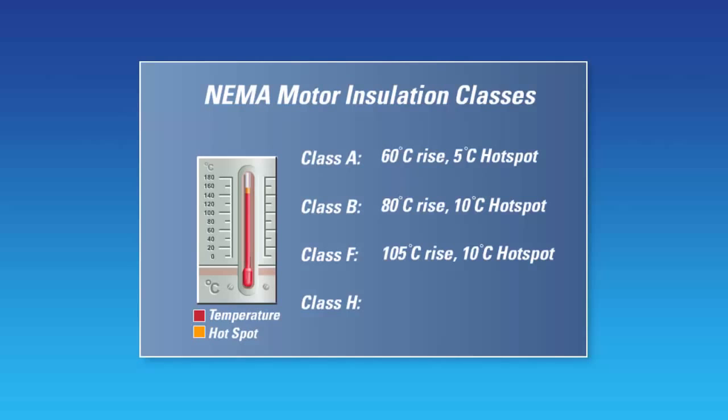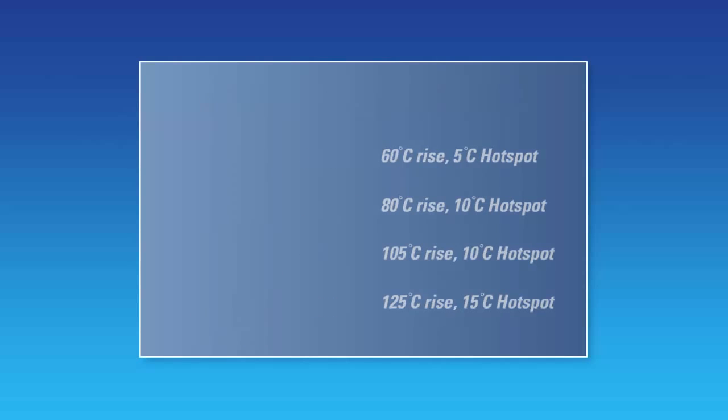And for Class H insulation, the maximum rise is 125 degrees Celsius with a hot spot of 15 degrees Celsius. In the past, Class F insulation was typically called for in most industrial applications, but with the ever-increasing use of variable speed AC drives and the associated heating due to harmonics, Class H insulation is now more commonly specified.